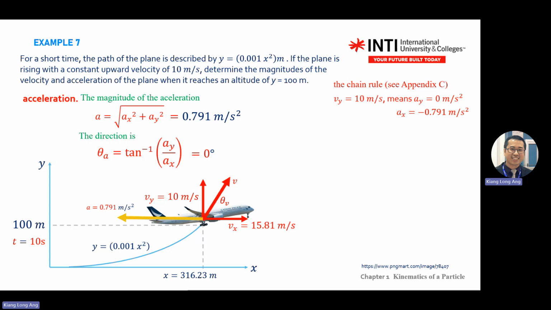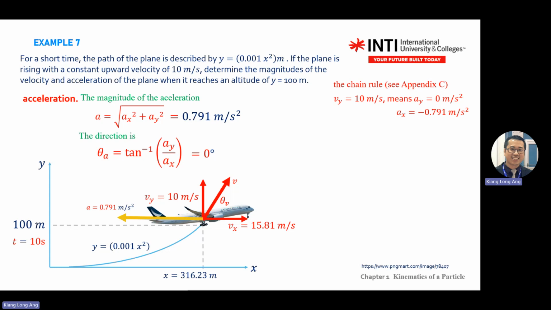To find the direction, you can use trigonometry, right-angled triangles: tangent, sine, cosine equations. When you have a 2D problem, you can use trigonometry.